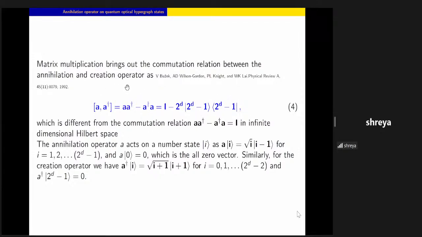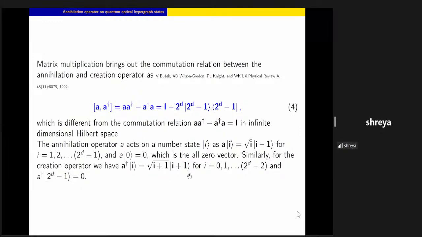This is the finite dimensional Hilbert space commutation relation. It was developed in a 1992 PRA paper, and the rest of the criteria are the same. Like when a acts on |i>, it gives root of i minus 1, and a dagger acts on |i> to give root of i plus 1 times |i plus 1>.